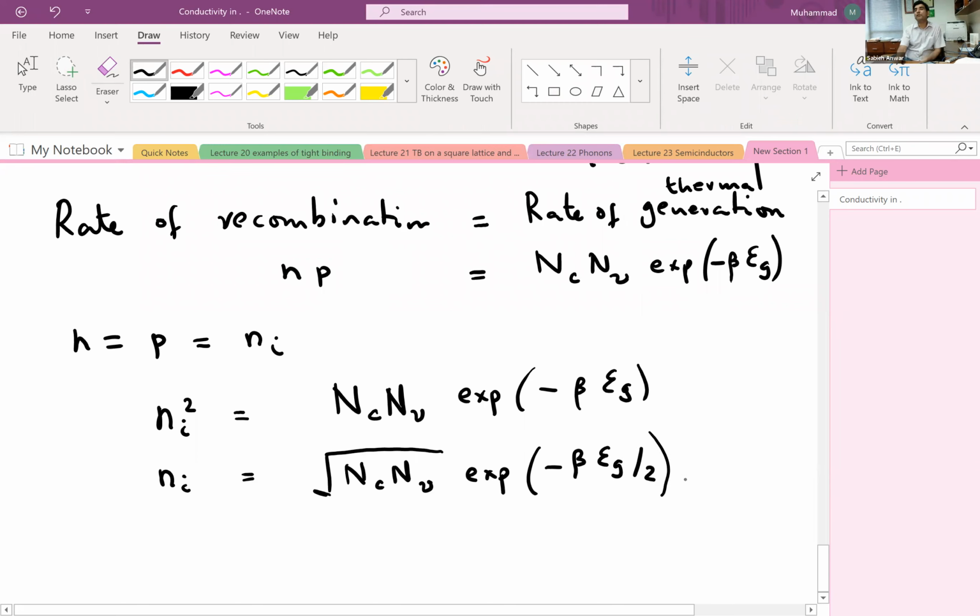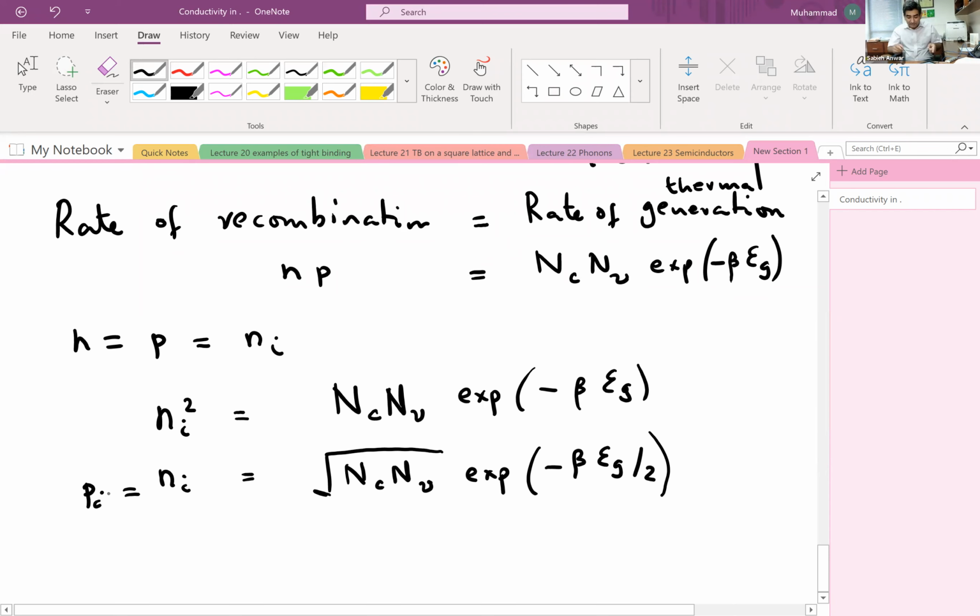So I can find out the intrinsic semiconductor's number of electrons, which is going to be equal to Pi, provided I know the band gap and the effective masses of the electrons and the holes. I can calculate how many electrons and how many holes exist at a certain temperature.